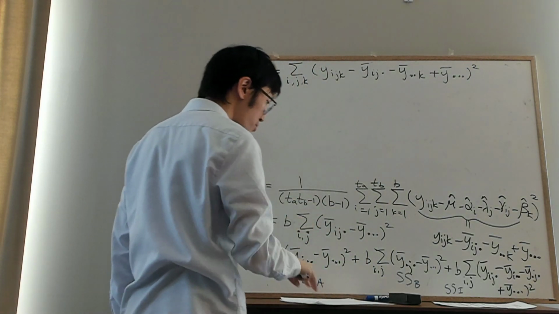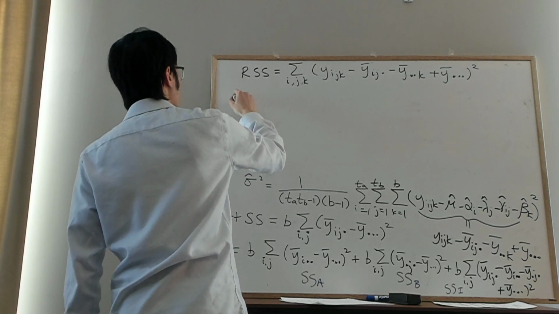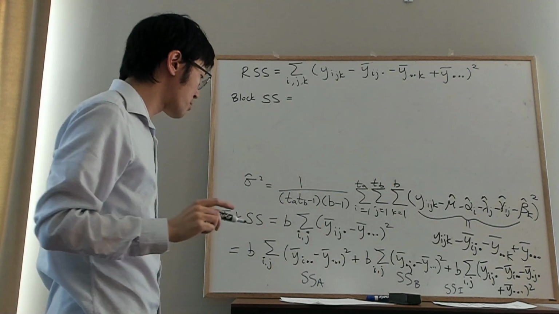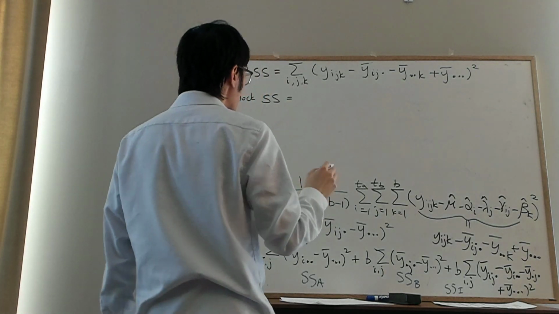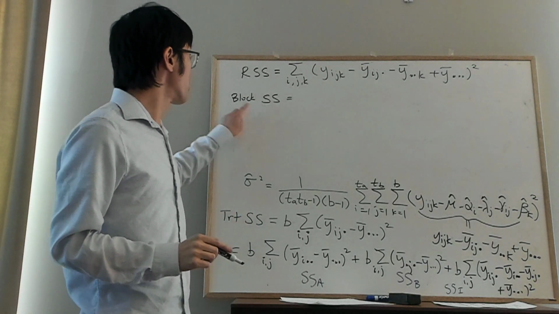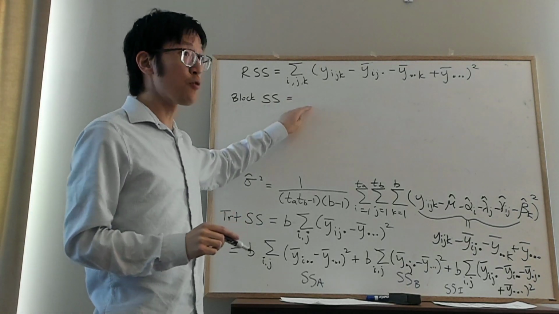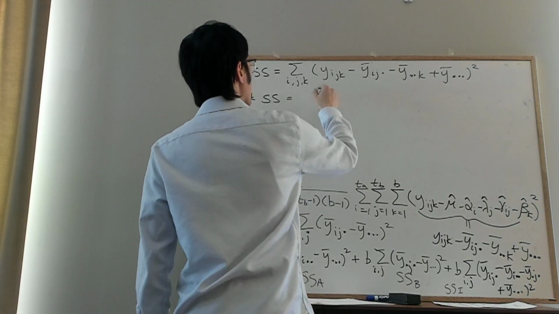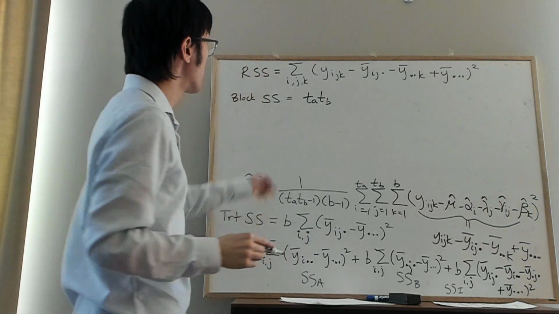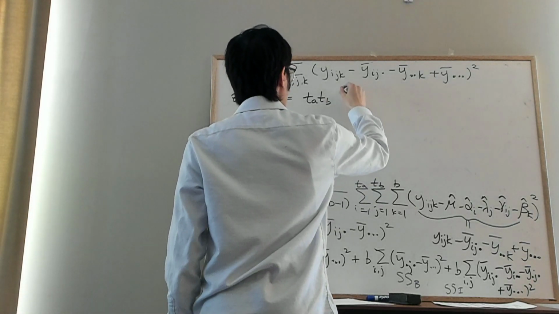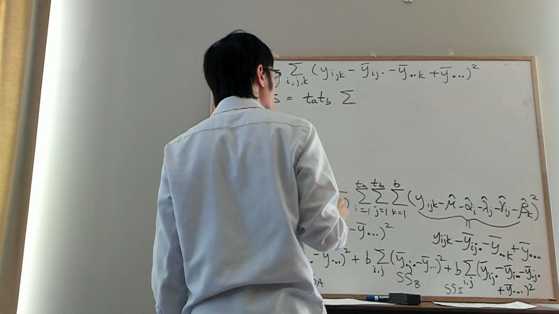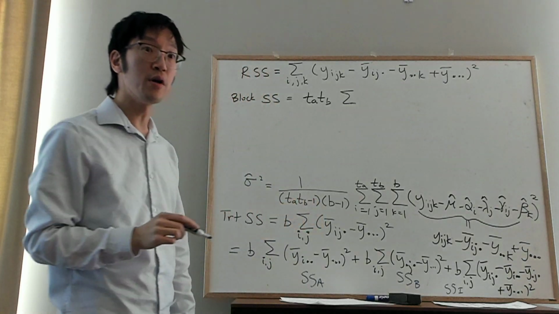And then the block sum of squares. Let's adapt the expression from RBD. The block sum of squares was to take the number of treatments, that's T, which we now write as TA times TB. That's just another way of writing the treatments. And then we sum over the blocks. We take all the block means, take the difference from the overall mean, and then sum them.